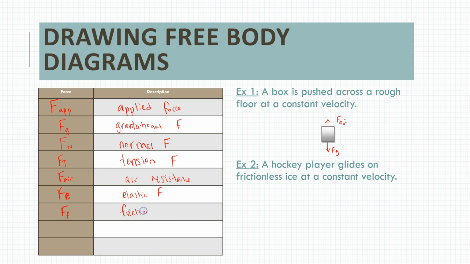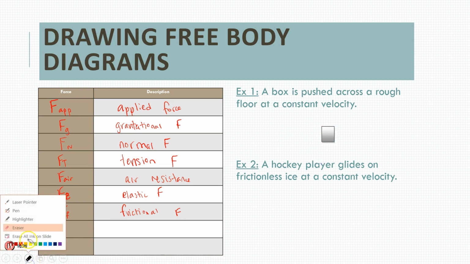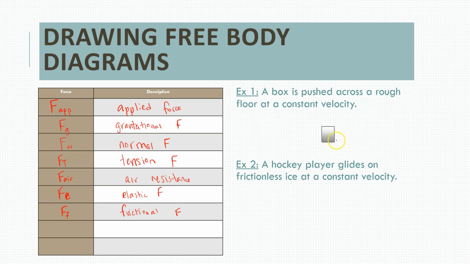is frictional force, or the force of friction. So let's go back to this box right here, which has come in kind of handy to explain these things. If the box is being pushed across a floor, now this works with our first example. If you are pushing the box across a rough floor, maybe we're going to push it to the left. It doesn't say which way up here.